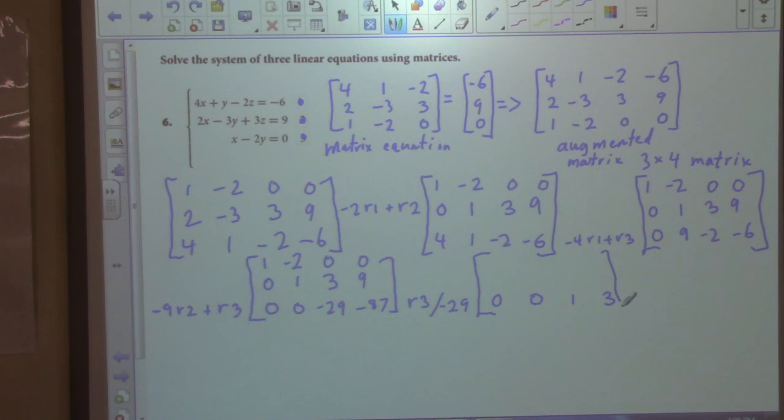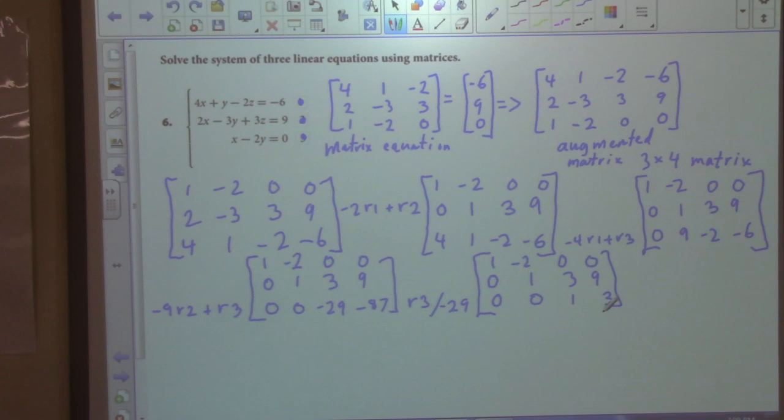And then we rewrite the other rows the same: 0, 1, 3, 9 and in the top row 1, negative 2, 0, 0. And so we successfully solved for z. Z is equal to 3.